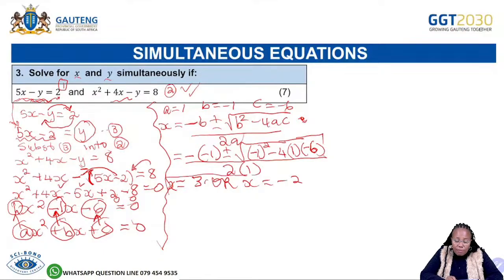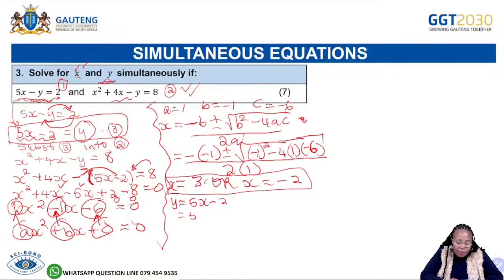Remember, we are solving for both x and y. Up to this far, we have only solved for x. We also need to solve for y. To solve for y, take the easiest formula that we have created, which is equation 3. It is saying y is equal to 5x minus 2.